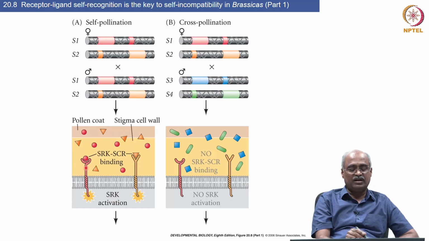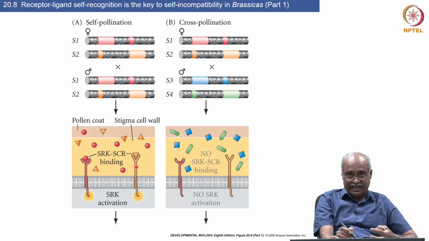And when you have a match, look at the shape of the cartoon here in the receptor. They are shaped to fit the ligand. So, it is a compatible interaction in terms of the ligand-receptor binding, not in terms of the fertilization itself.